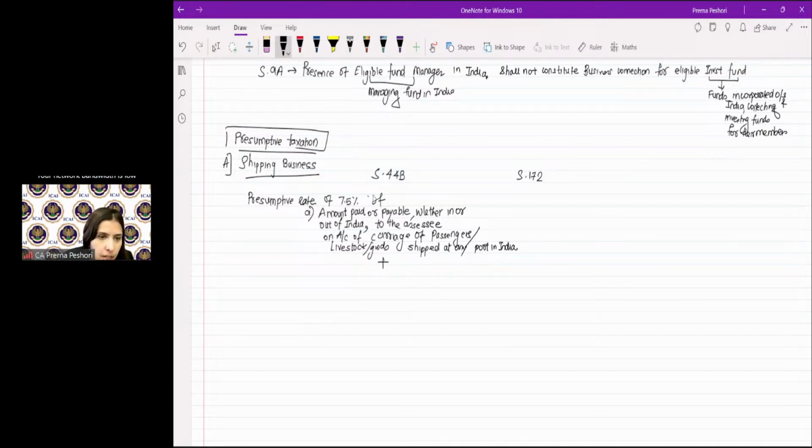Second, plus the amount received or deemed to be received in India by the assessee, by or on behalf of the assessee, on account of carriage of passengers, livestock, or goods shipped at any port outside India. Are we clear?